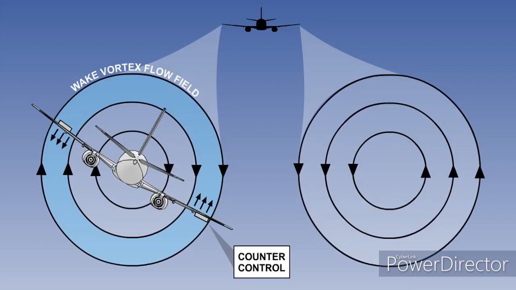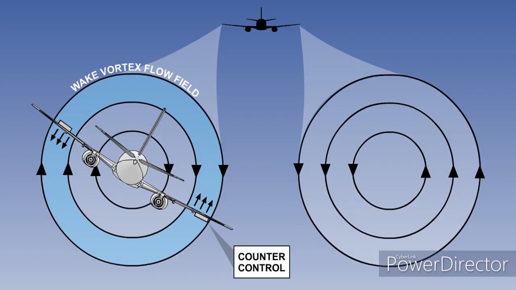Wake turbulence is most hazardous to aircraft with a small wingspan, and especially during takeoff, initial climb, final approach and landing. The characteristics of the vortex are determined by the aircraft gross weight, the wingspan, airspeed, aircraft configuration and attitude.